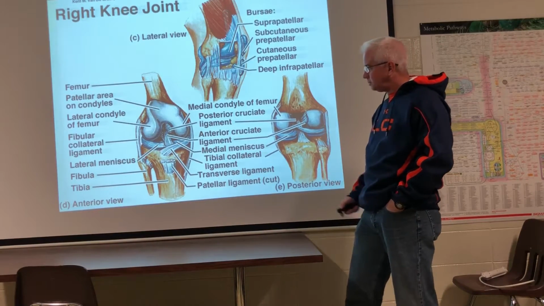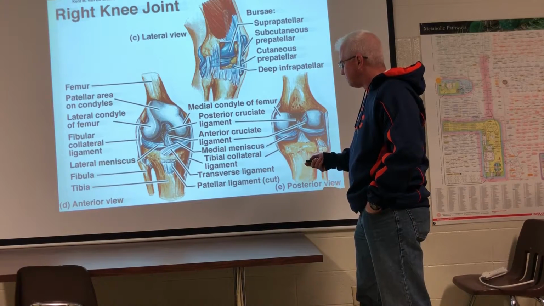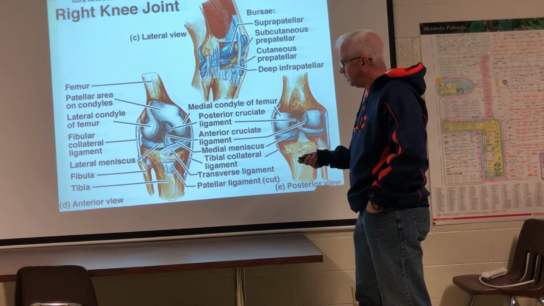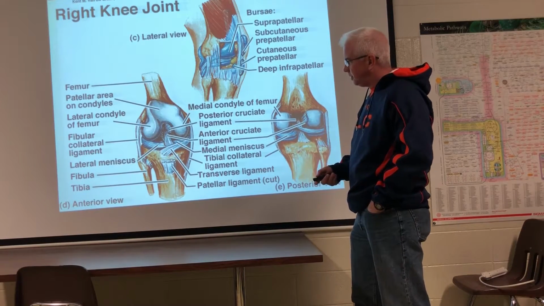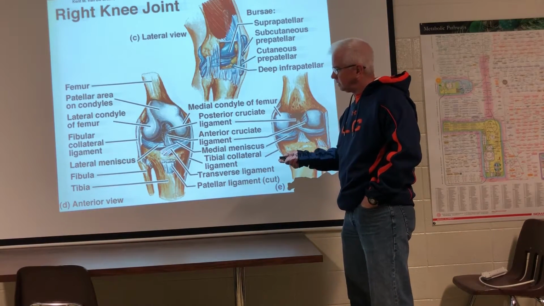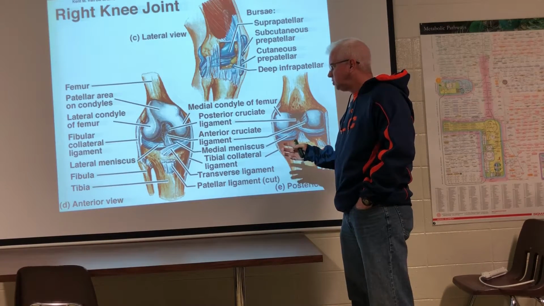All right, now there is a transverse ligament shown here that attaches also out here. This particular text doesn't have it attached to the meniscus, but I never teach the details.